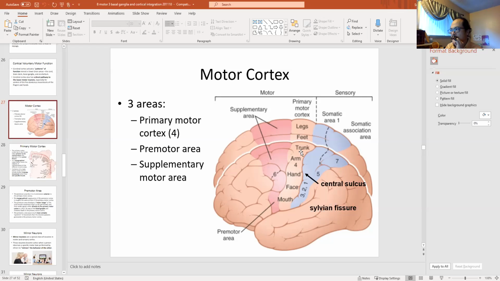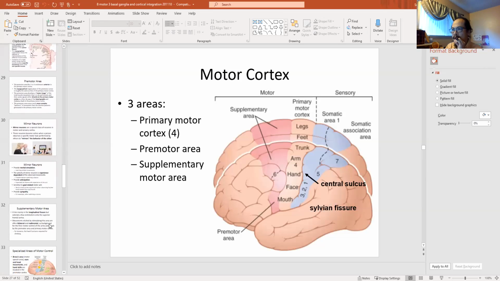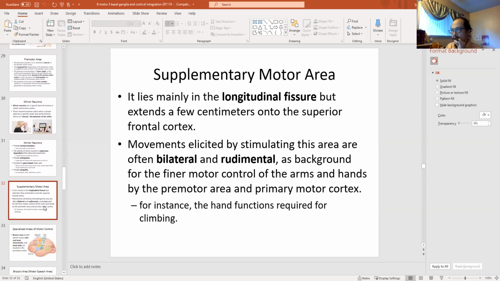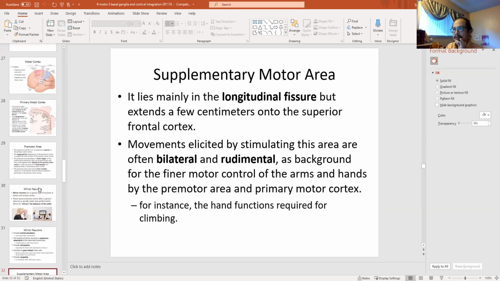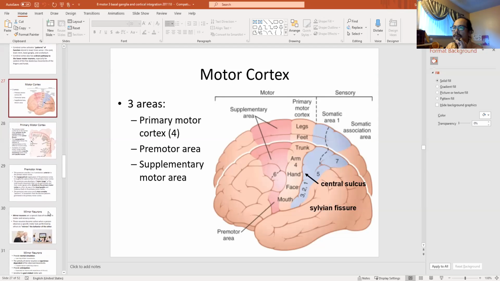It extends a little bit into the frontal cortex, but not entirely down into the Sylvian fissure right here. So basically it's only under this top area here.